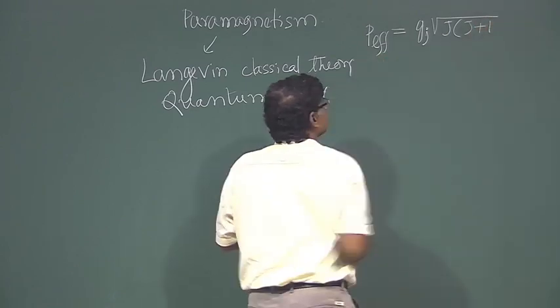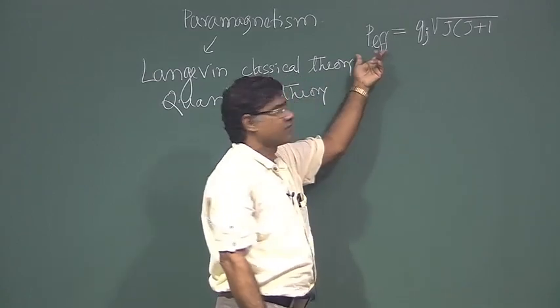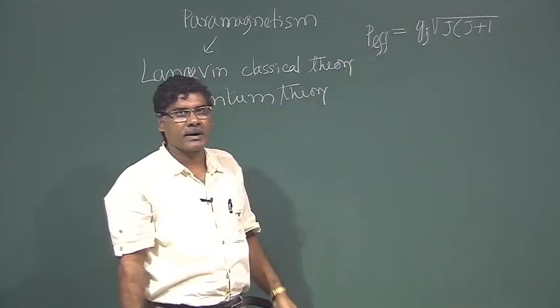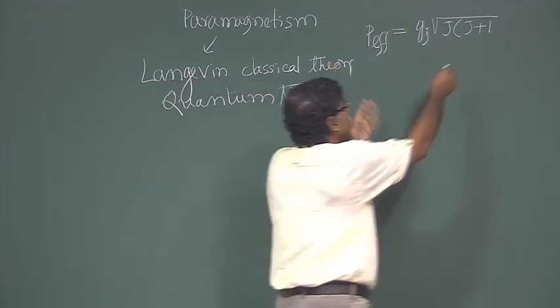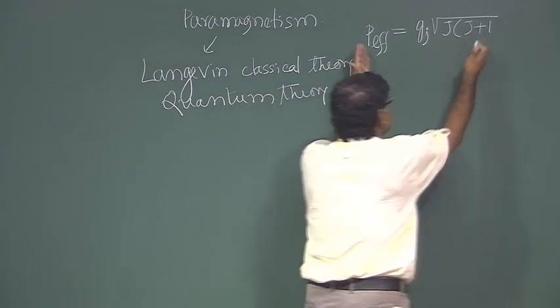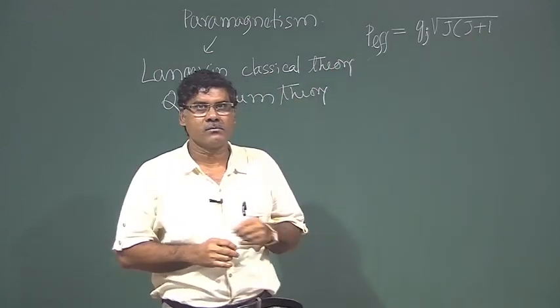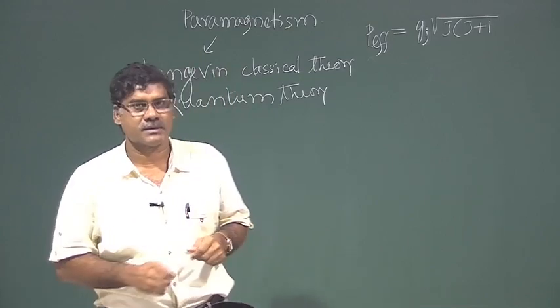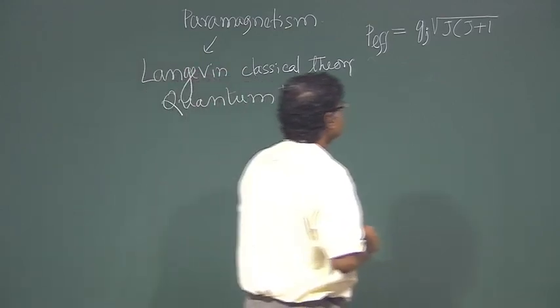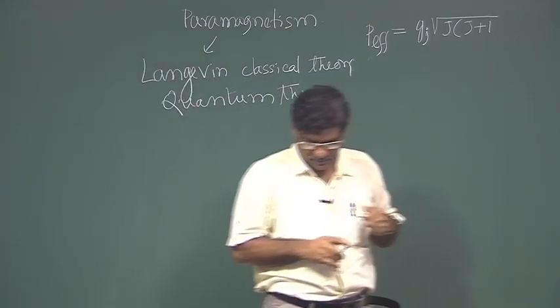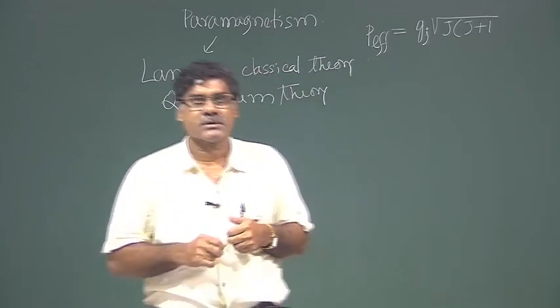So, that is the effective number of Bohr magneton. Then if you multiply by mu_B, that will be the magnetic moment mu attached with each atoms or ions.